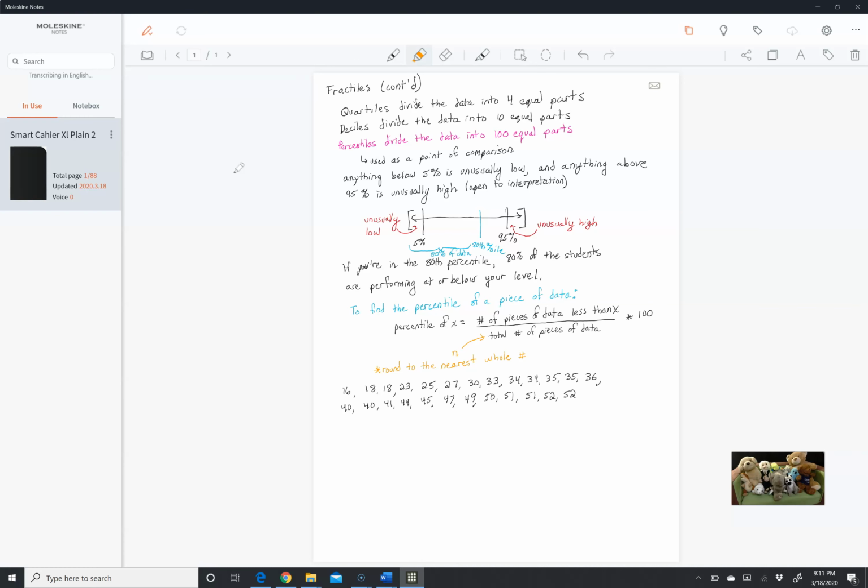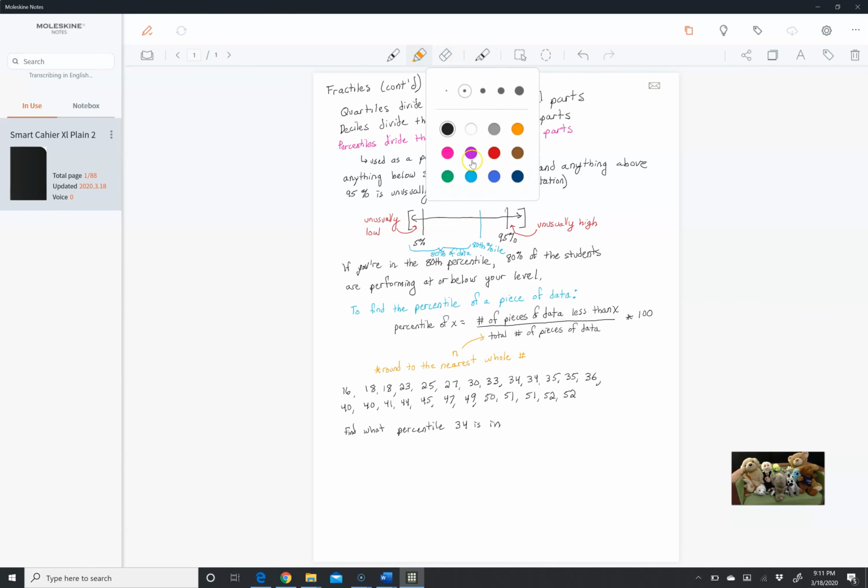Okay. And we want to find out what percentile the number 34 is in. And this data, we're going to say that it represents tuition costs at 25 schools around the country in thousands of dollars.